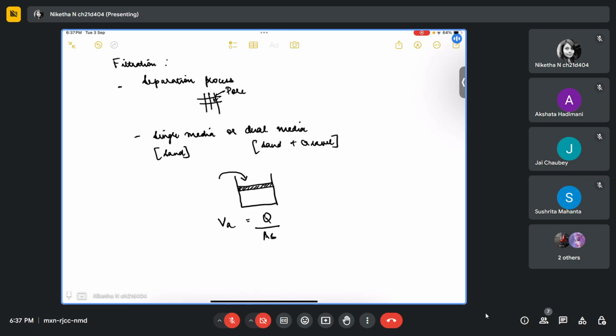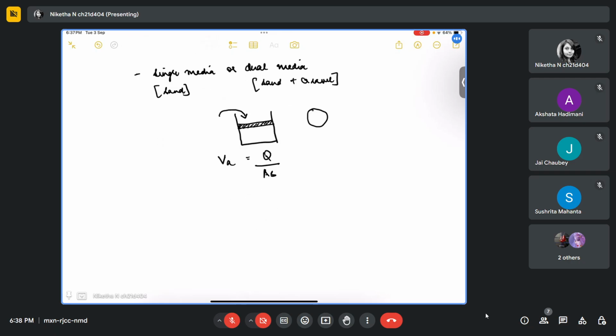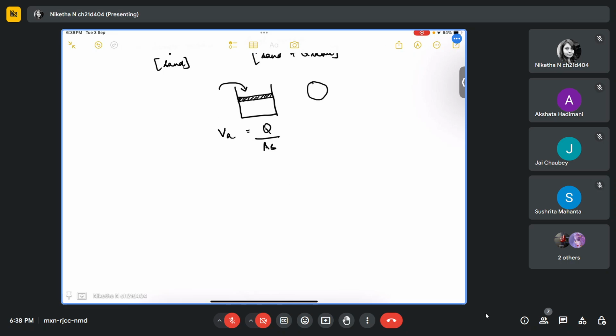If you have some cylindrical tank, then the shape will be circular, so accordingly you have to use the formula. This loading rate is also known as phase velocity, and the units are meter cube per day per meter square.